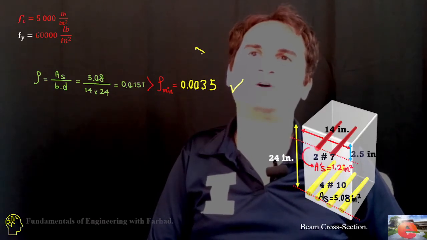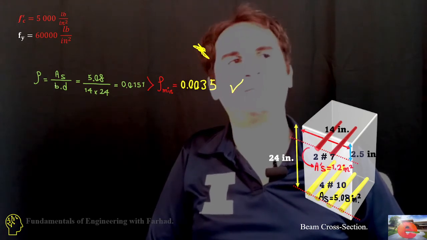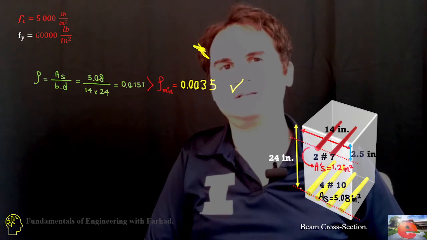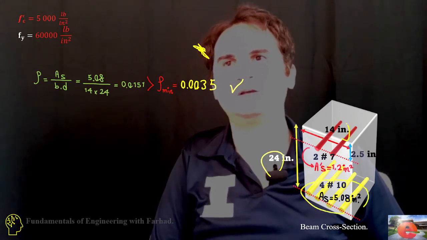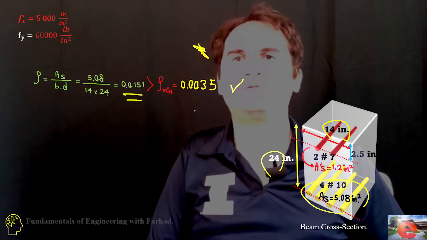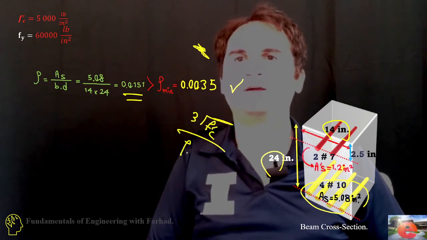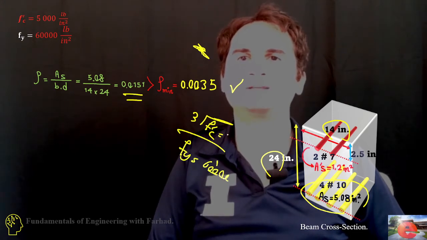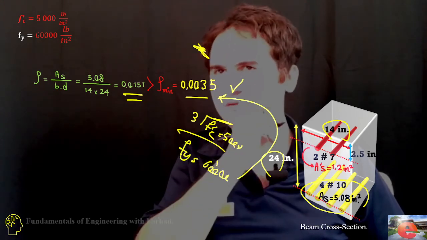Plug it into the first equation and compare: rho available is As, the area of steel, 5.8 over b times d, which is 14 times 24, and it should be bigger than rho minimum, which is 3 times square root of f prime c over fy, where fy is 60,000 and f prime c is 5,000. If you plug it in, it gives you 0.0035.